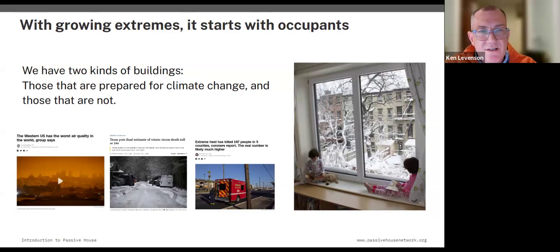And so the resilience, the mitigation of climate change through lower carbon emissions and the adaptation to it in being more resilient, really sets up a building that's designed to the Passive House standard for success, at least relative success, in being able to really ride the storm, as it were, and have a positive impact.